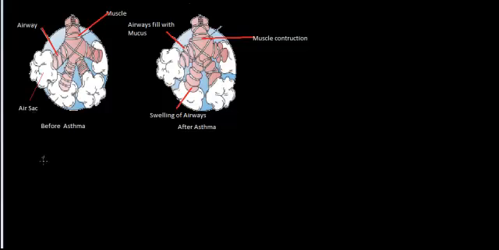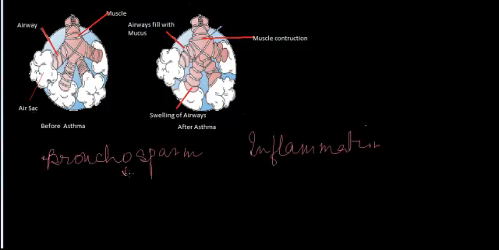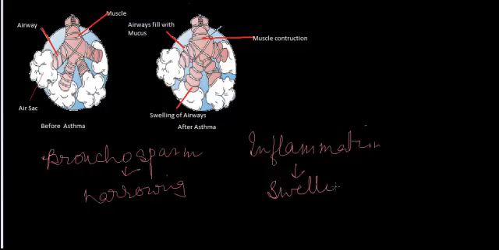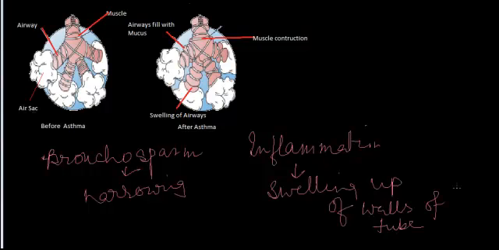In most people, asthma has two phases. Bronchospasm is nothing but sudden narrowing of the bronchioles, whereas inflammation is swelling up of the walls of the tubes. So you see, the first phase, or the early phase, is bronchospasm.